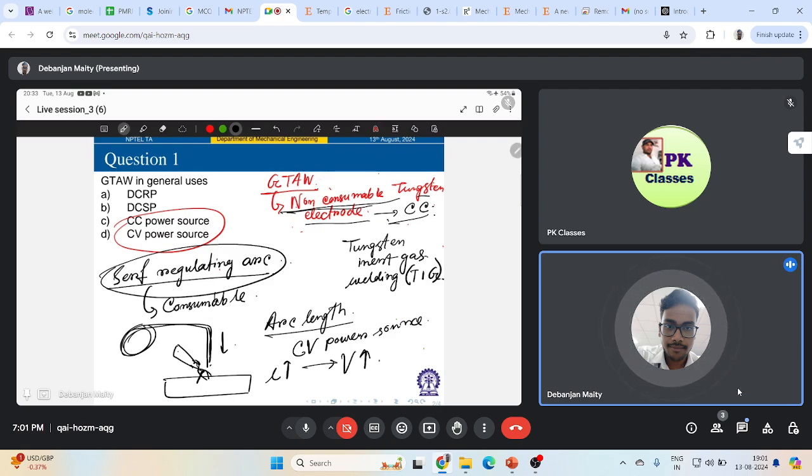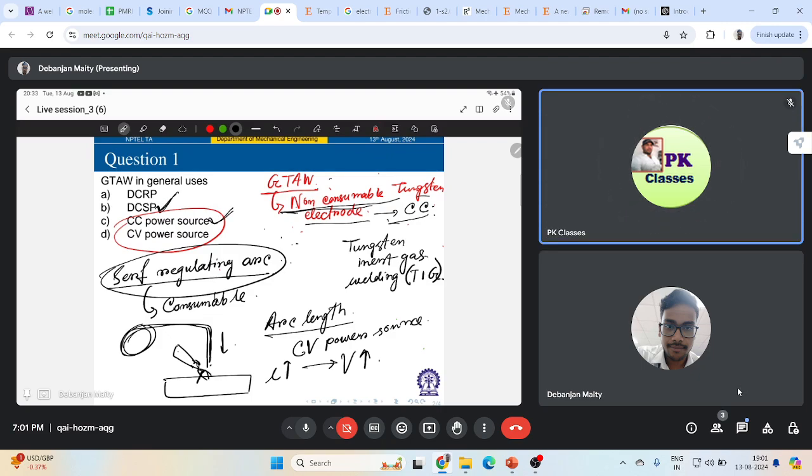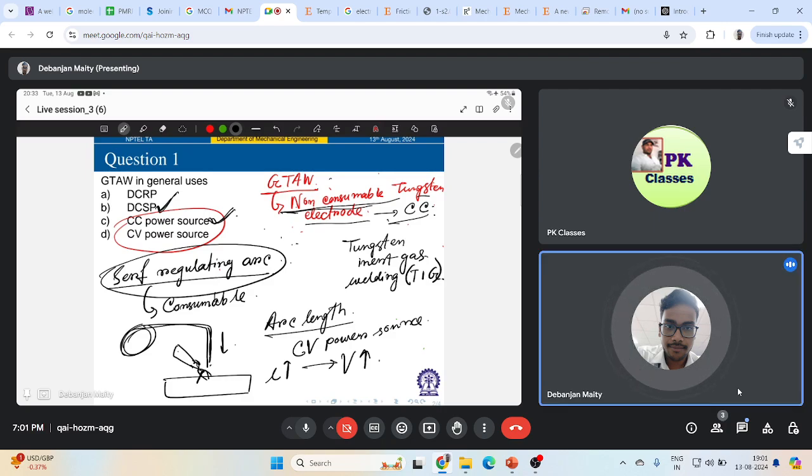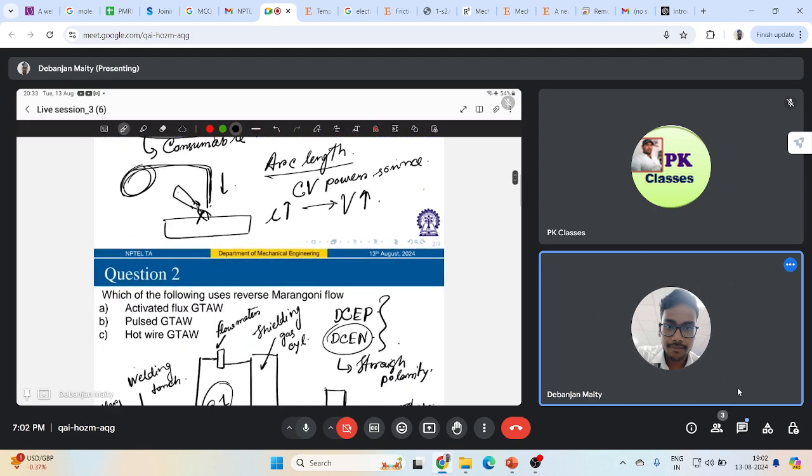Because this is a non-consumable electrode, we don't want to consume the electrode. We don't want heat produced at the electrode side. So the workpiece side should be the positive side. So straight polarity is used in gas tungsten arc welding. Agreed? Yes, sir. So in gas tungsten arc welding, we will be using straight polarity and a constant current power source.